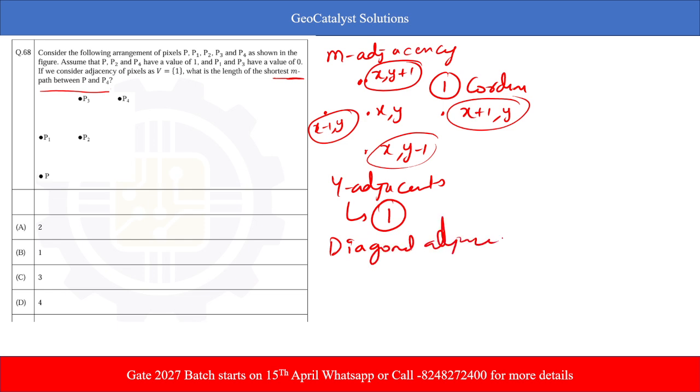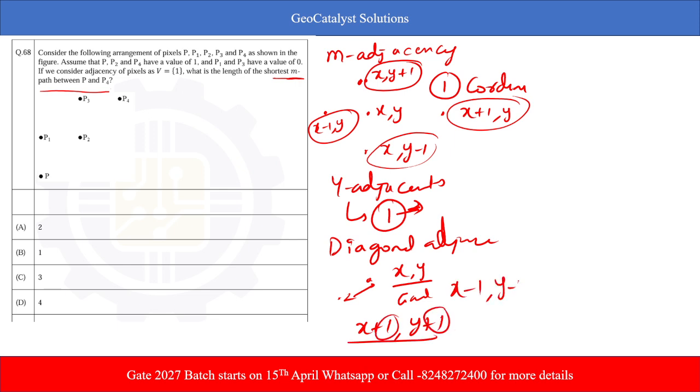So these are four adjacents, that is, only one of x or y can differ by 1. Now there is something called diagonal adjacency also. In diagonal adjacency, both x and y can differ by 1, like x+1, y+1 or x-1, y-1.